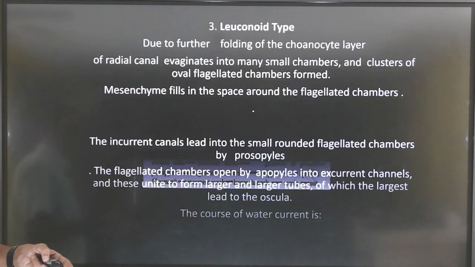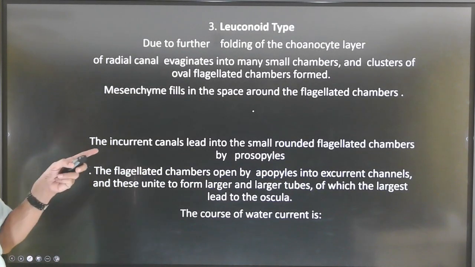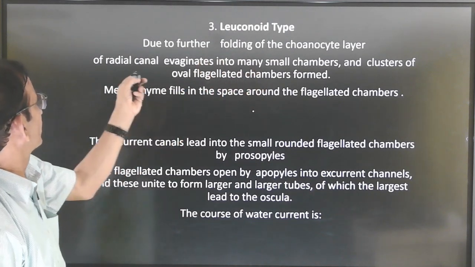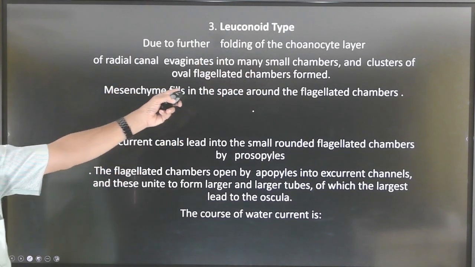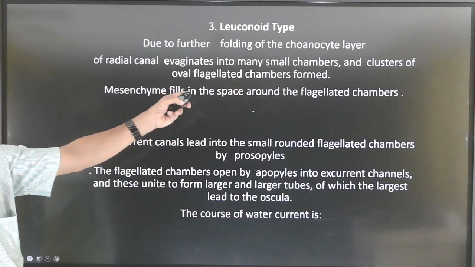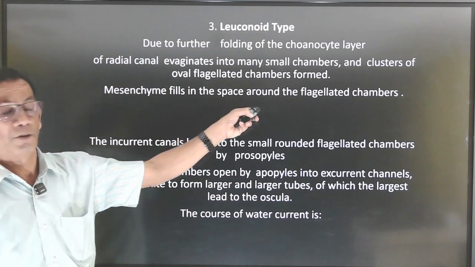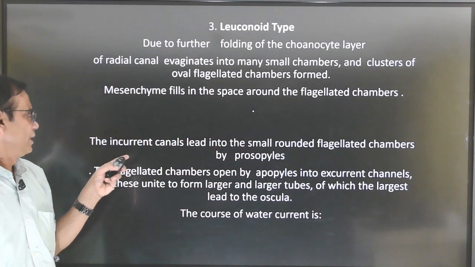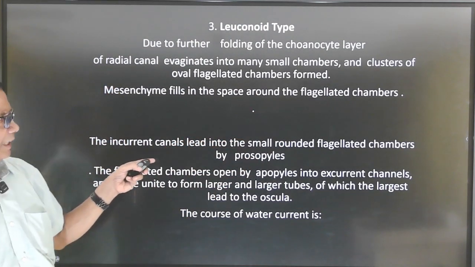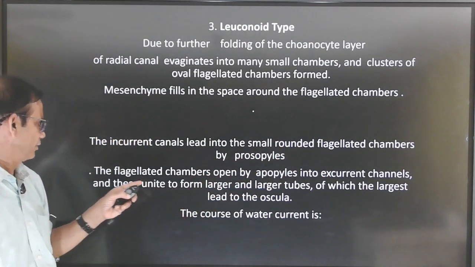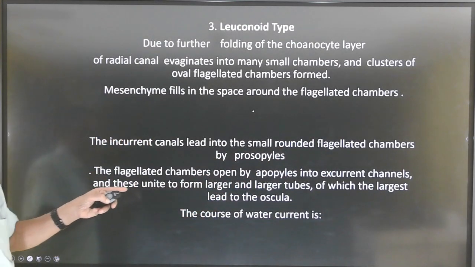The last one is the leucon type. As already told, there is further folding of the choanocyte layer, and the radial canal evaginates to form many oval-shaped chambers, and the mesenchyme completely breaks down to make space between them. Both incurrent canals and prosopyles become rounded in shape in the flagellated chambers.